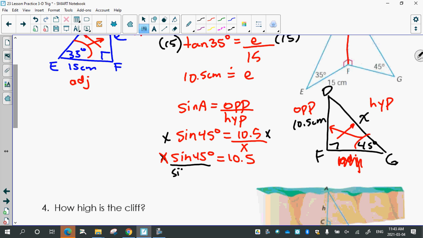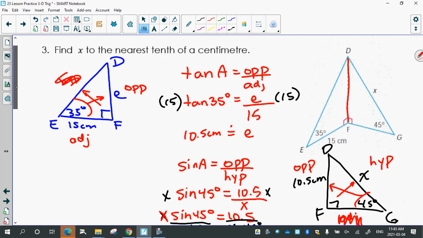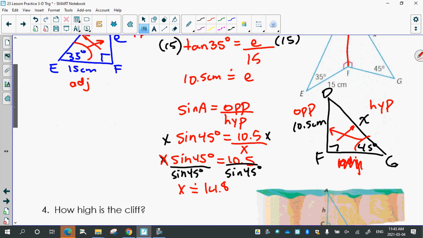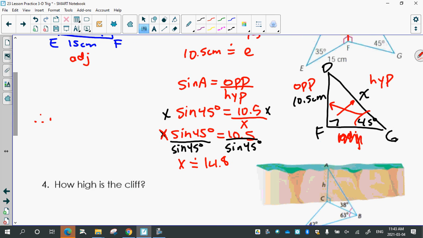Divide by sine 45, and I get x is approximately 14.8. Then check if there are any rounding requirements: nearest tenth of a centimeter, that's right. So therefore x is approximately 14.8 centimeters. You could have just put a therefore here.